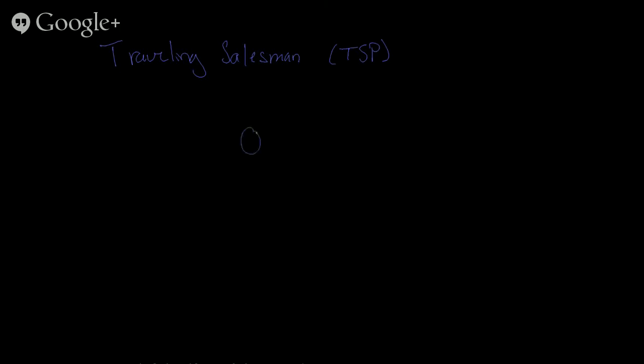You are given some graph, and it has to be a completely connected graph. That's what this looks like. It means that every single vertex is connected to every other vertex, like that. And each edge is given some weight. And we talked about this earlier in the video, but I will just put it up here again. This is 1, and this is 2.